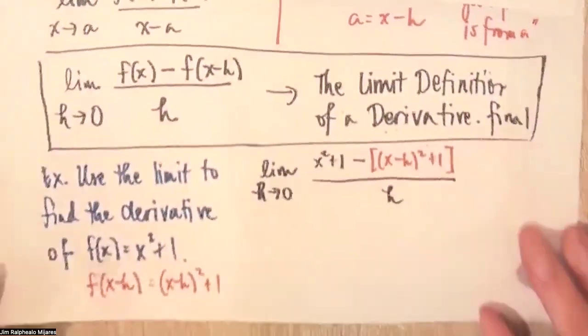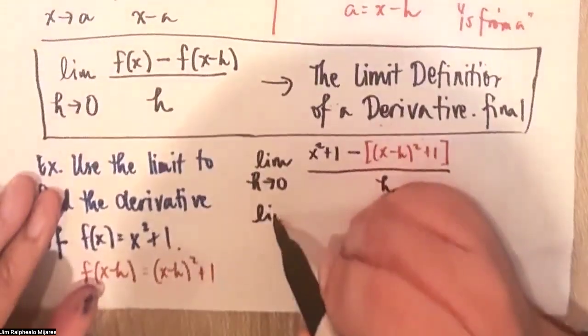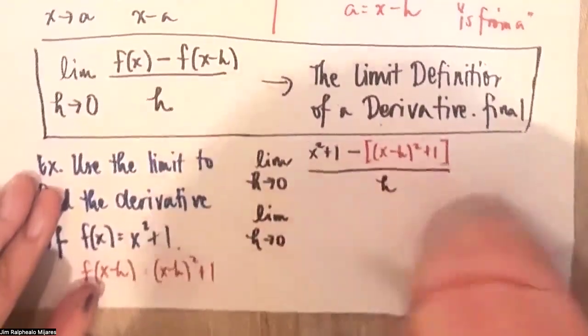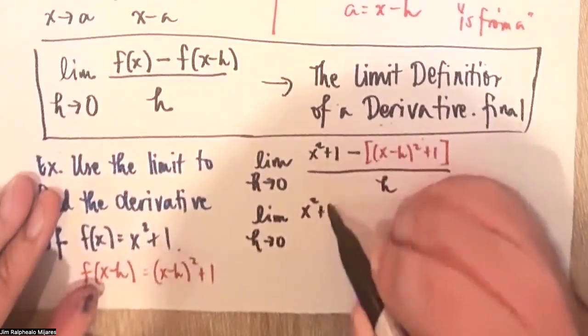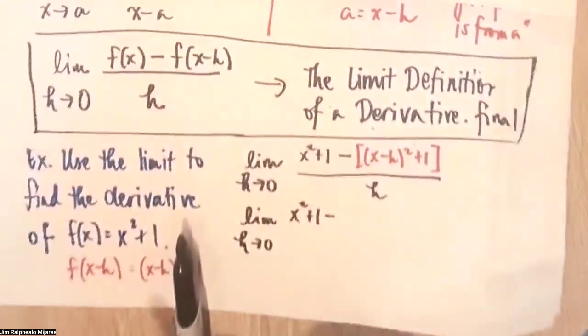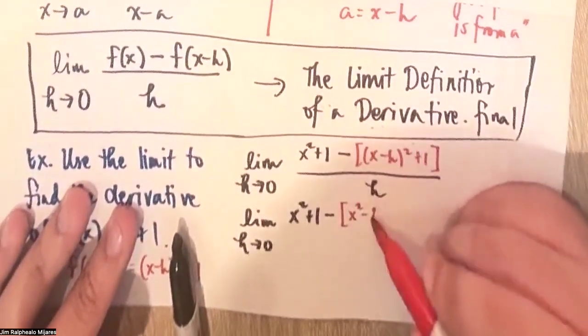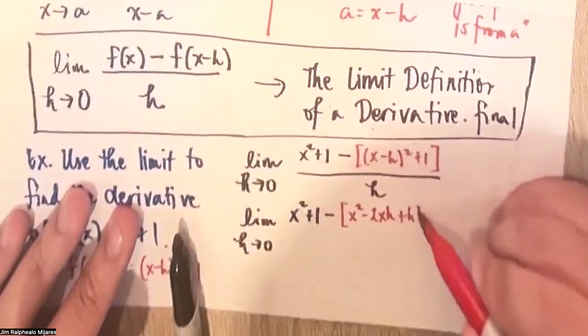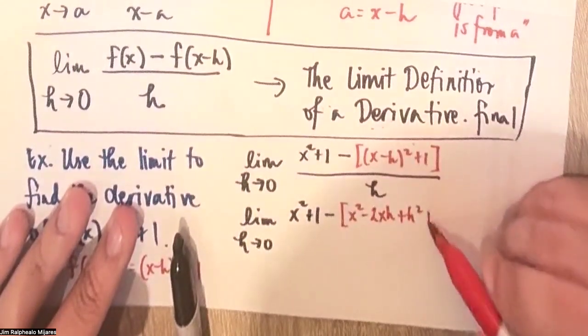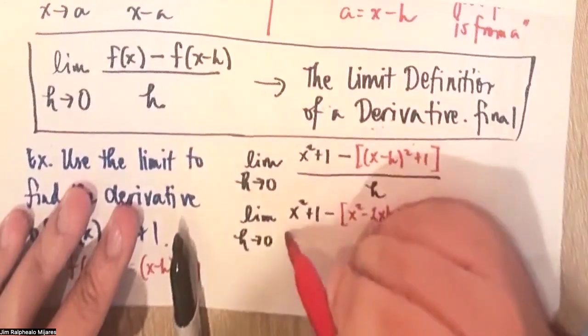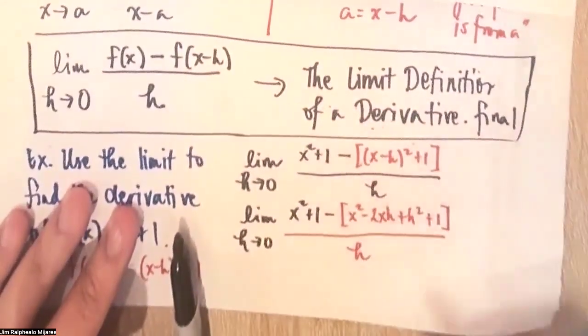Then you do some expansion. The red part here is x squared minus 2xh plus h squared plus 1 all over h.